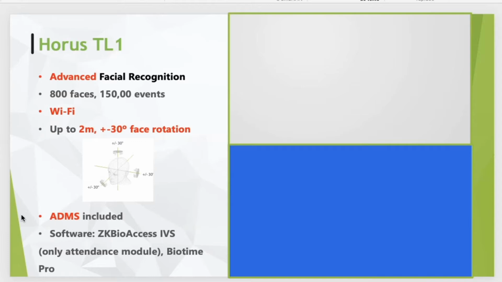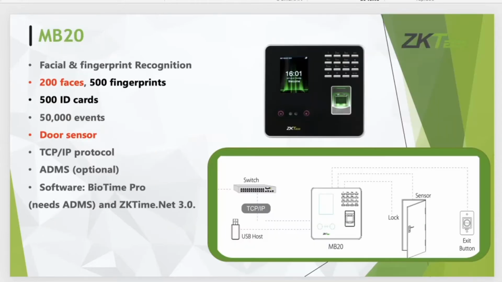This device has a technology that we call in CKTeco visible light technology, which is the most advanced technology for facial recognition in terms of hardware and also software integration. So what are the advantages of this new facial recognition technology against, for example, the other past devices that we have, like the MB20?